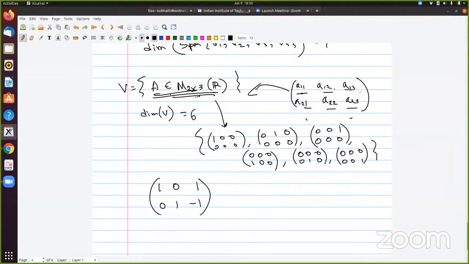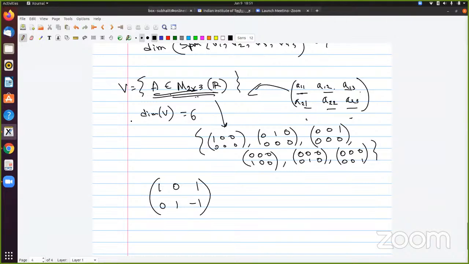So when you are talking about rank of a matrix, you have to give me a particular matrix, no? That's why I am saying rank and dimension of a vector space are two different things. That is what I was trying to convey in earlier live sessions also.